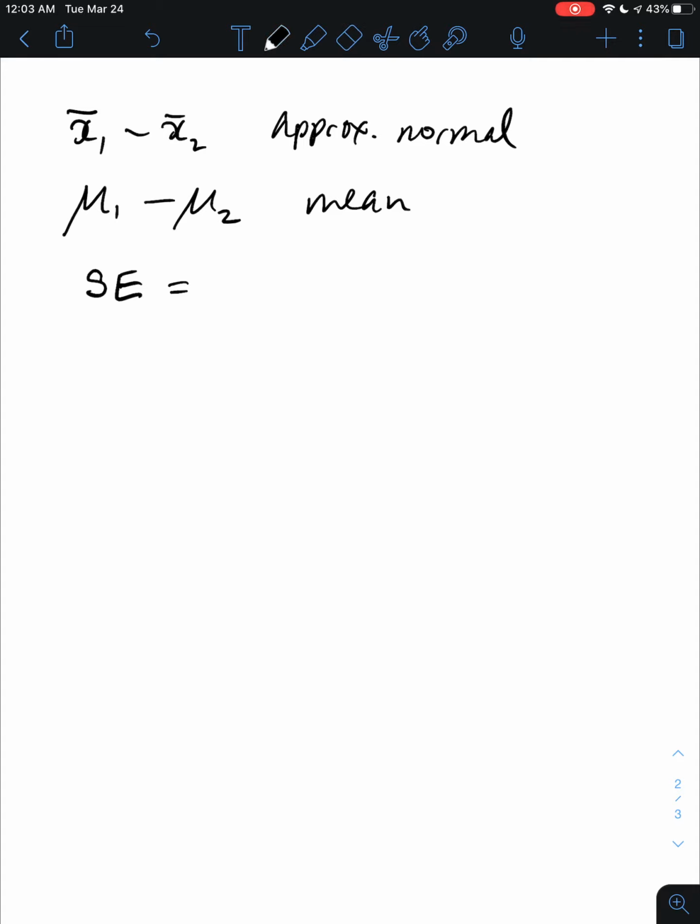There. First I'm going to put sigma 1 squared divided by n sub 1 plus sigma 2 squared divided by n sub 2. Then I'm going to take the square root of the whole thing.